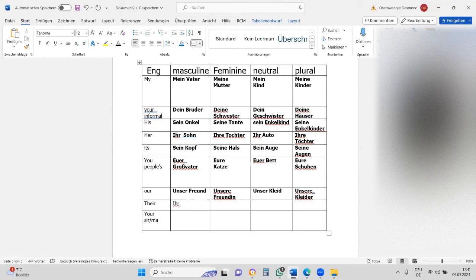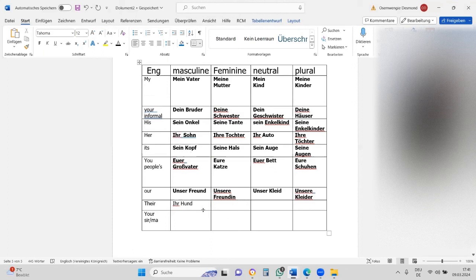So here, for example, let's assume what they possess is masculine. Let's say a dog. Ihr Hund means their dog. Don't panic. You use ihr for your dear and ihr for their.